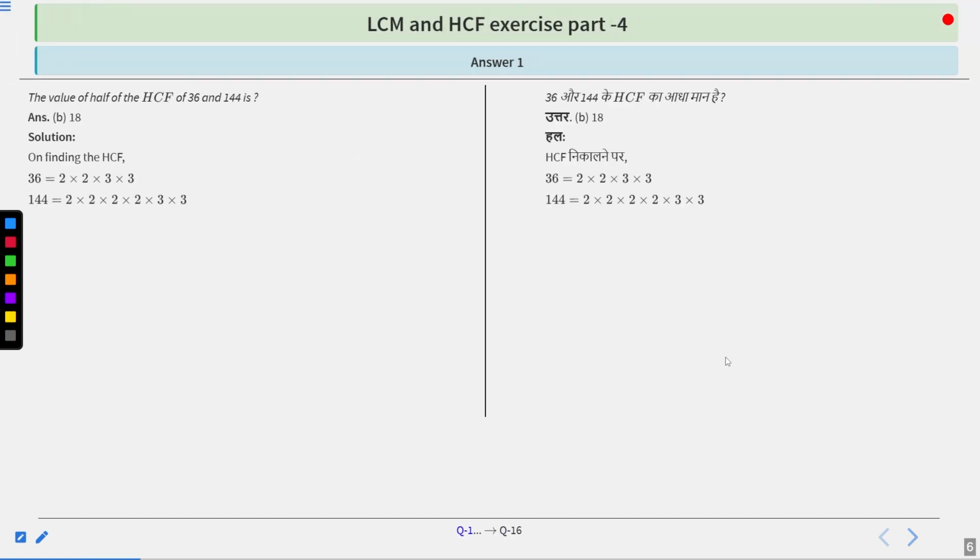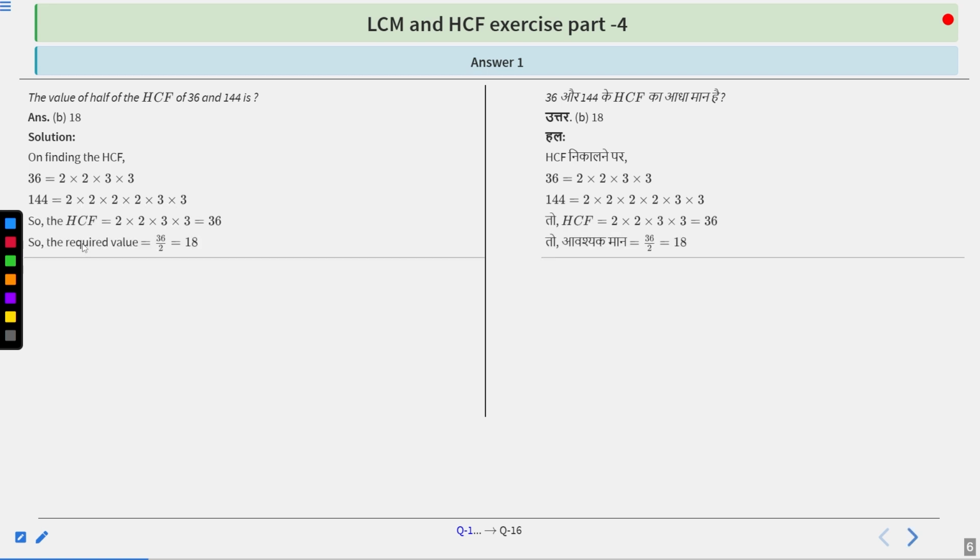To find the HCF, we are going to find the factors of 36 and 144. For 36, the factors are 2 into 2 into 3 into 3, and 144 has factors 2 into 2 into 2 into 2 into 3 into 3. Now, for HCF, we look at the least power of every factor. In 36, 2 appears only twice, whereas in the factors of 144, 2 is present 4 times.